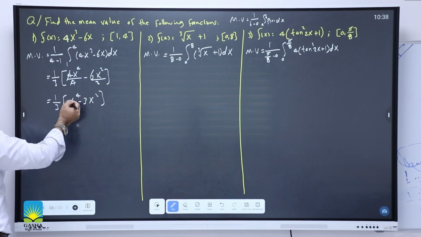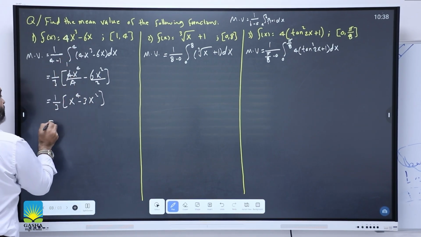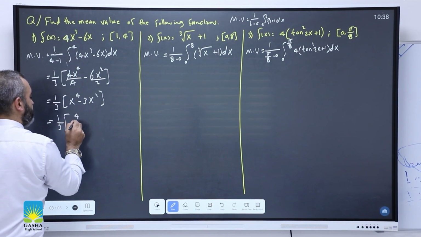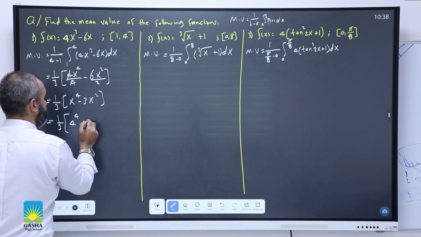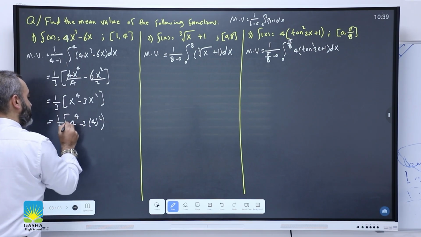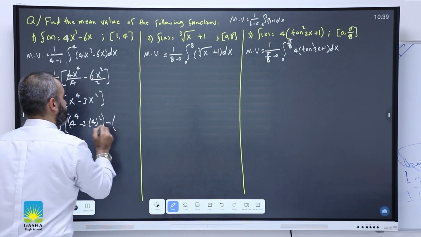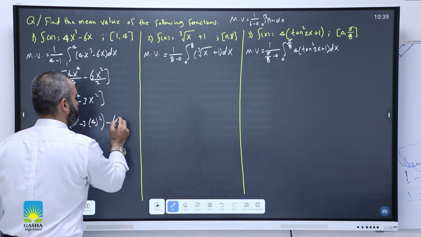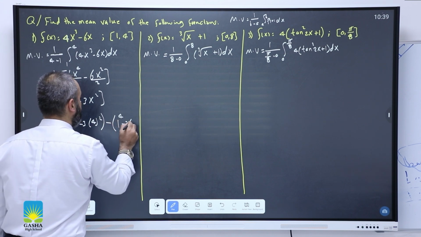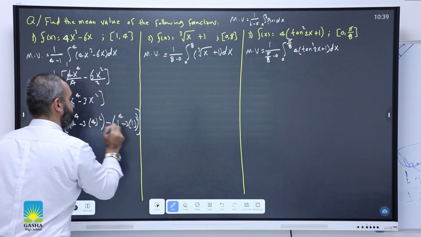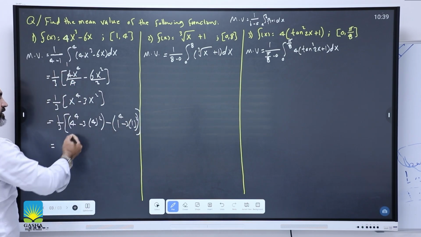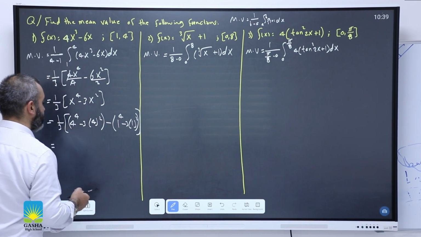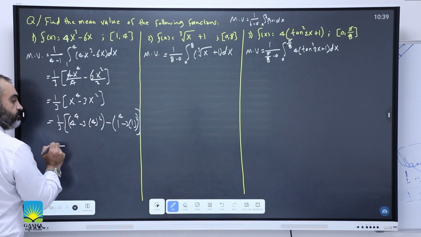And we substitute 4 here and 1 here, right? 1 over 3, 4 to power 4, minus 3, 4 to power 2. So this is the first, and we substitute 1 to all x, 1 to power 4, minus 3, 1 to power 2. So we calculate the numbers, and we use the calculator.